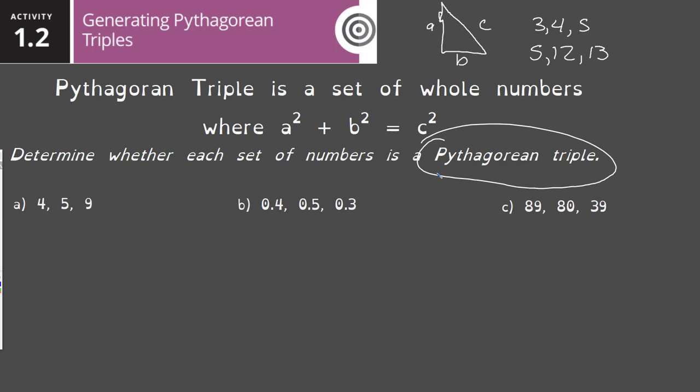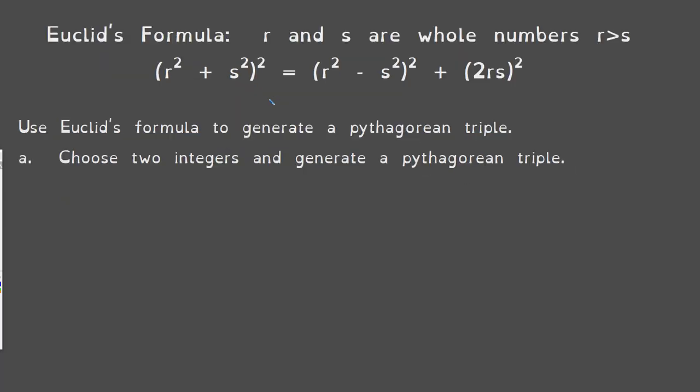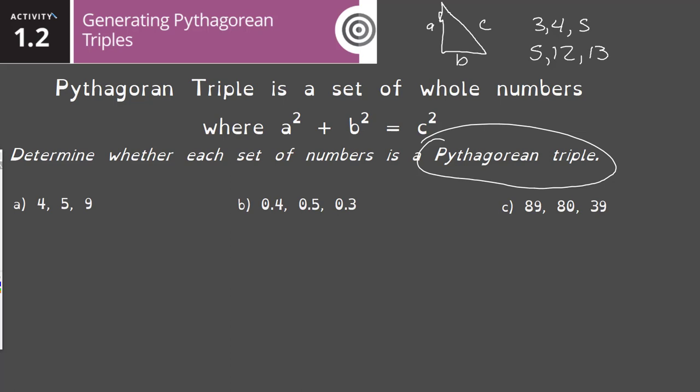And they called it a Pythagorean triple. And they probably said there are more of them out there, and probably left it at that. They may have shown you a couple of other examples, but they probably didn't go in too deep. And that's because to find them, we're going to use Euclid's formula. But before we get there, let's just practice with finding out which of these are Pythagorean triples.